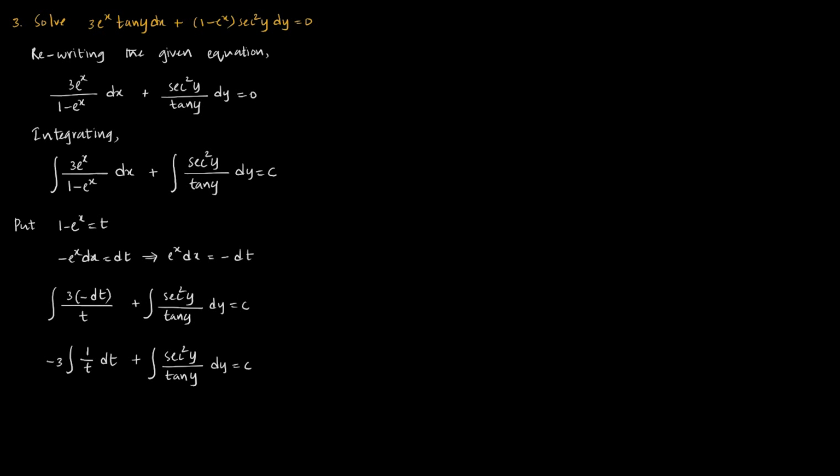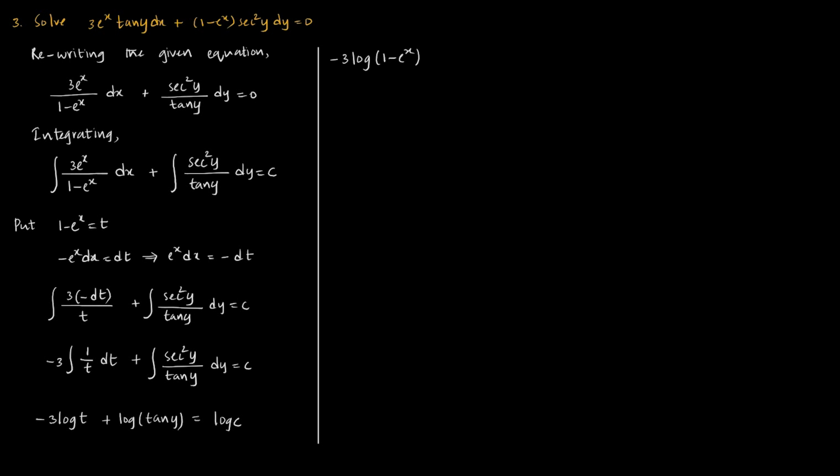From this we have minus 3 log t plus log of tan y equals log c. By the formula, integral f dash of x by f of x dx equals log of f of x plus c. Replacing t equals 1 minus e to the power x, we have minus 3 log of (1 minus e to the power x) plus log of tan y equals log c.